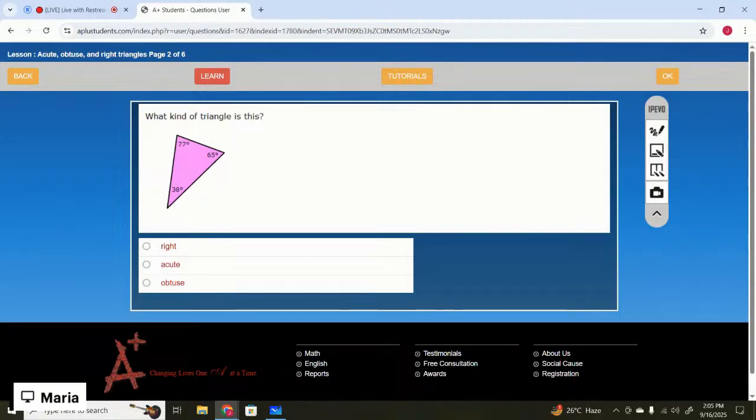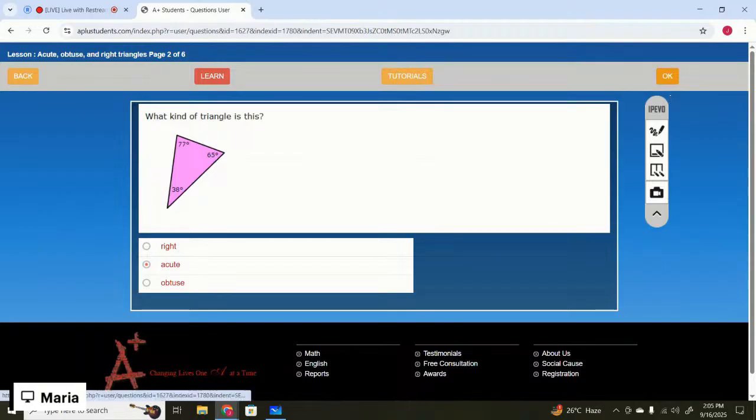What kind of triangle is this? 77, 65, and 38 degrees. So all of the angles are less than 90 degrees, right? So that is an acute triangle.